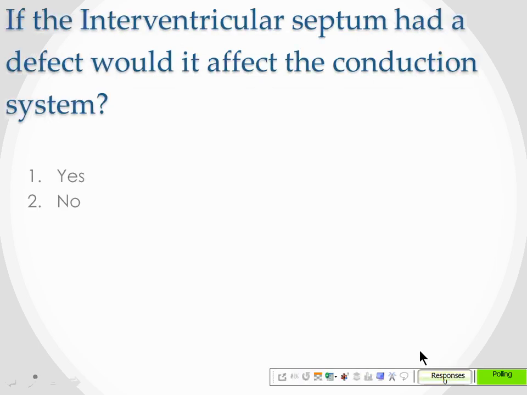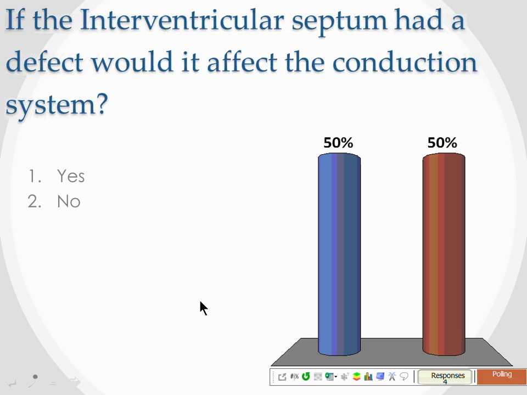So let's see this. You looked at the interventricular septum. If the interventricular septum had a defect, do you think it would affect the conduction system? It would.